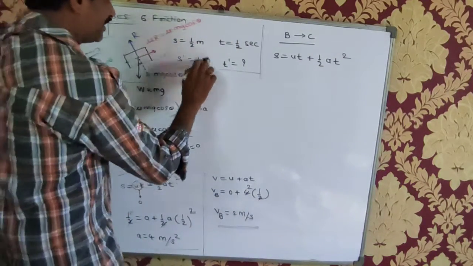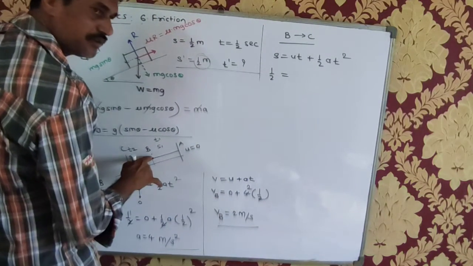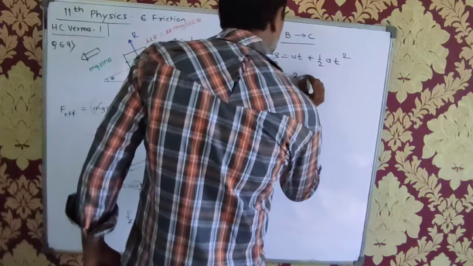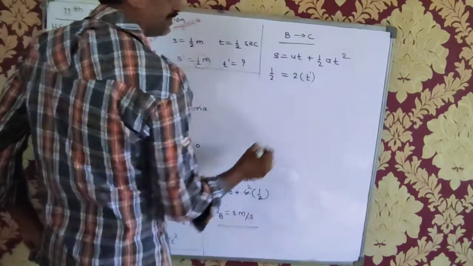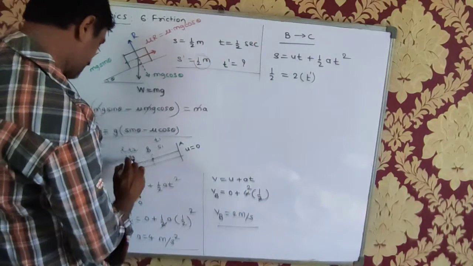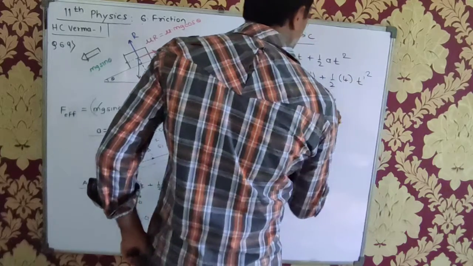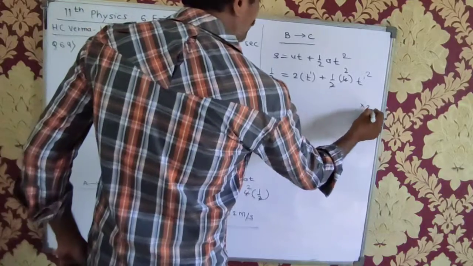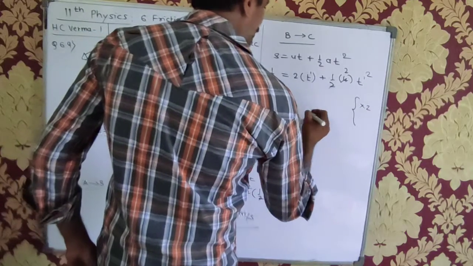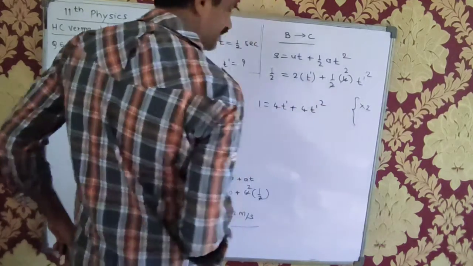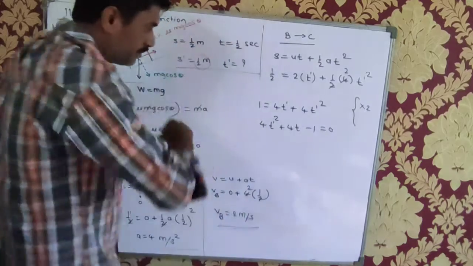B to C is also half a meter, and its initial velocity is 2 meter per second here. So 0.5 is equal to 2 into t dash, because I don't know the time, that's what we have to find out, plus half acceleration, again 4, into t dash square. Multiply throughout by 2 so that this 2 gets cancelled. So 1 is equal to 4 t dash plus 4 t dash square, correct? So 4 t dash square plus 4 t dash minus 1 is equal to 0, isn't it?